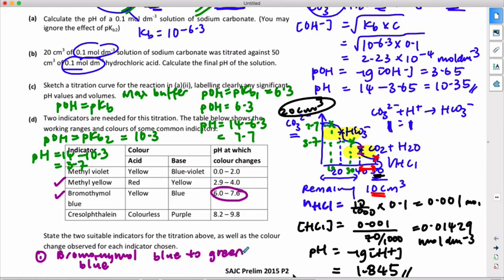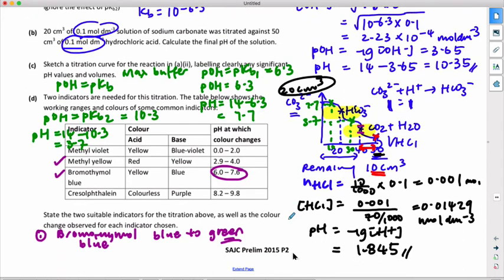That's the end point, where you have the same amount of yellow and blue, so you say it's green. For the second equivalence point, you use methyl yellow. The change in color will be yellow to orange, not yellow to red. Yellow to orange.